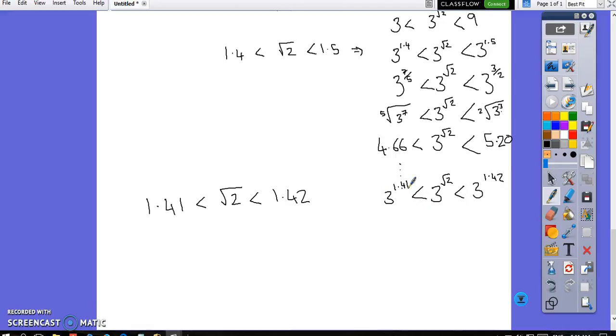And 3 to the power of 1.41 is 4.71, or let's take it 4.707 to 3 decimal places, and 3 to the power of 1.42 is 4.759. So we've almost now got 3 to the power of the square root of 2 to 1 decimal place, and if we did this one more time we would definitely have 3 to the power of square root of 2 to 1 decimal place.